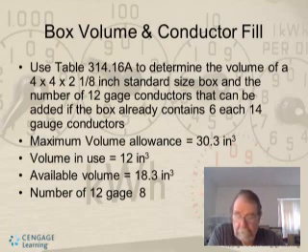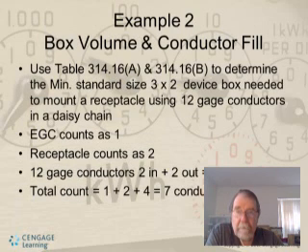Now we've got another one here. Example 2. This one you need to use both tables, 314.16(A) and 314.16(B), to determine a minimum standard size 3x2 device box needed to mount a receptacle using 12 gauge conductors in a daisy chain.